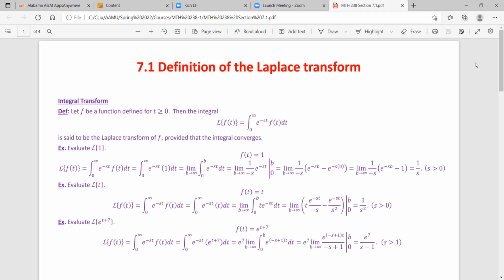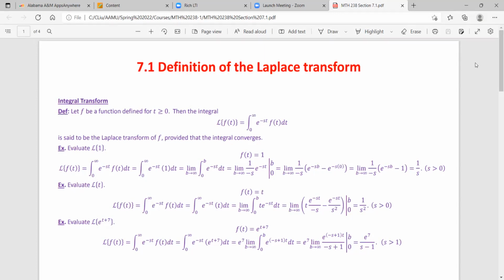All right, so the whole thing is just the limit of -1 over negative s times e to the negative s b minus e to the negative s times 0, with b approaching infinity.